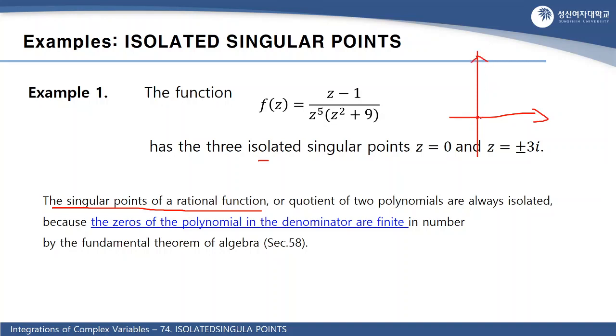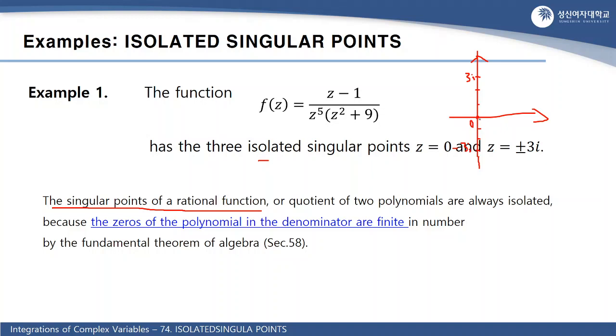Here is z naught, the origin, and plus minus 3i, 1, 2, 3, 3i, and negative i here, 1, 2, 3, negative 3i here. Okay, here is 0.